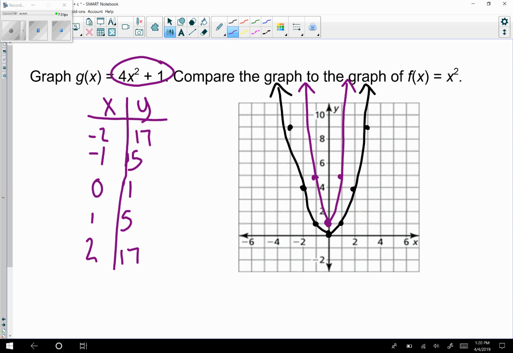Sorry. The 2 transformations. So there's 2 of them. One of them is that it moved up 1 unit. And then the second one, if you guys notice, so like we look here at this parent function, the parent function is over 1, up 1, over 1, up 1. This new function is not over 1, up 1 anymore. So this time we have a vertical stretch.